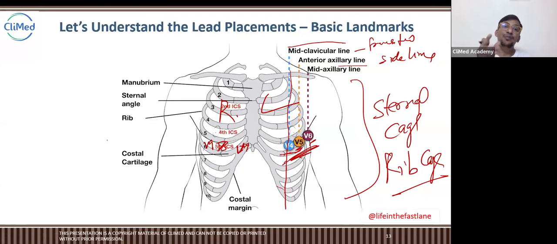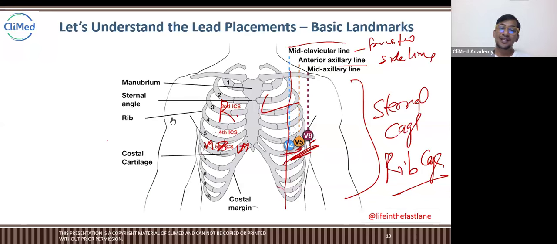These are the important leads, guys, because here we get the highest impulses on our chest. This is the midpoint of our heart, above the apex, and we get the highest frequency of impulses only here.